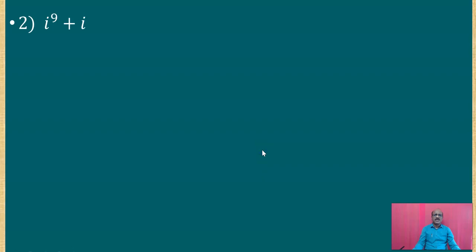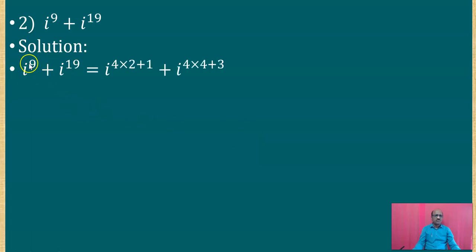Next example, i raised to 9 into i raised to 19. Now we write i raised to 9 as i raised to 4 into 2 plus 1, and 19 as i raised to 4 into 4 plus 3. That is (i raised to 4) squared into i here, and (i raised to 4) raised to 4 into i cube.